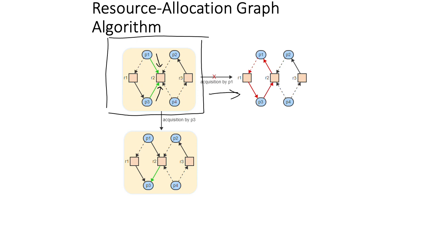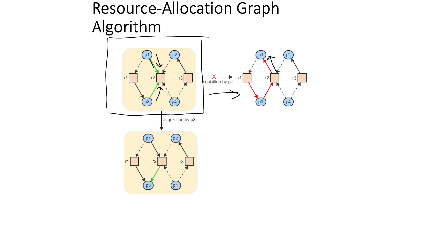Here we did not actually allocate the resource yet, we're just assuming. What if we did allocate resource R2 to P1? So this request edge will be changed to an assignment edge, okay?